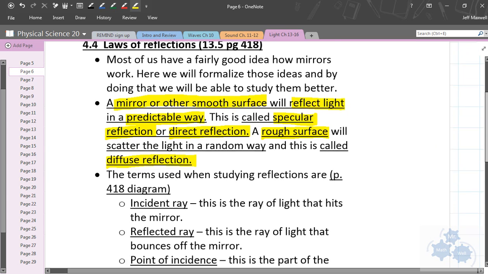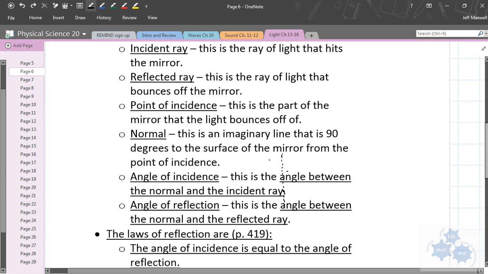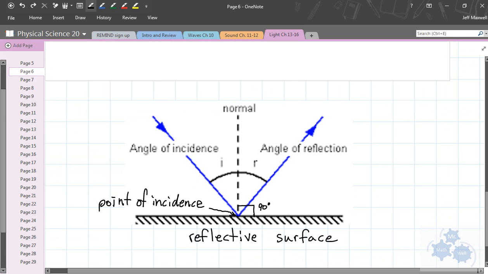Okay, so we'll now take a look at the diagram on page 418 and go over just quickly some of these terms. All right, the incident ray. The incident ray is the ray of light that hits the mirror. Here's the diagram below, and the incident ray would be right here.